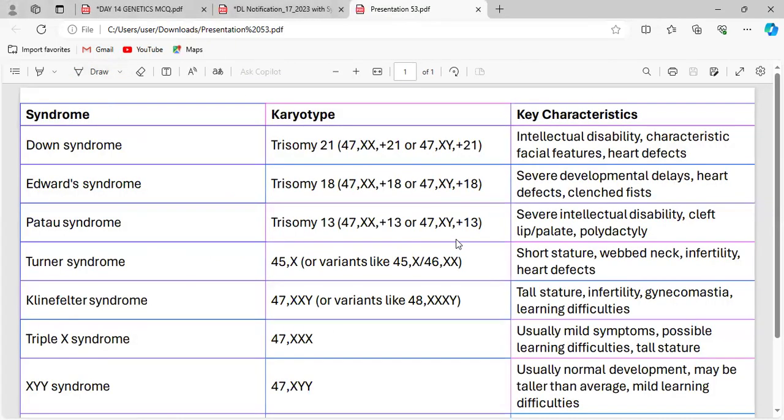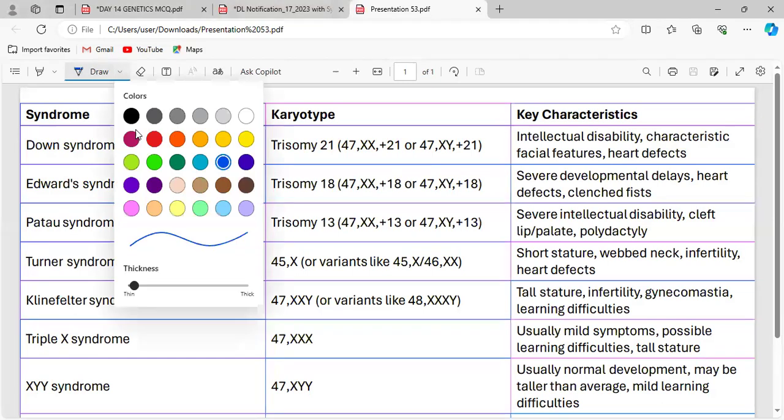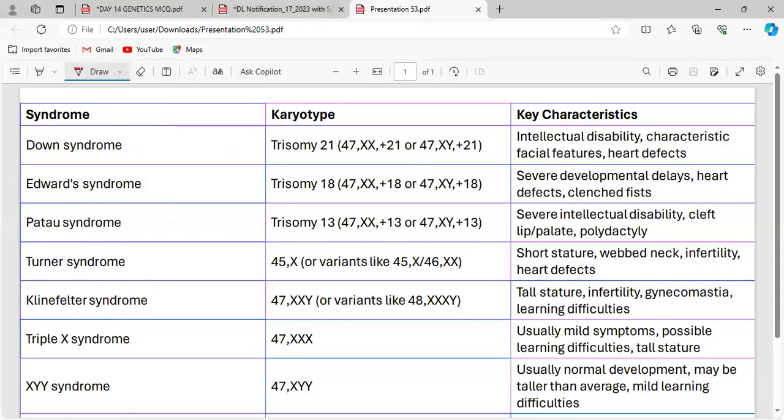So everybody can see the picture, right? See the table, just focus here. See Down syndrome. In Down syndrome, the condition we can see is trisomy 21. We can find 47 chromosomes. 2n plus 1 is the condition of trisomy, right?